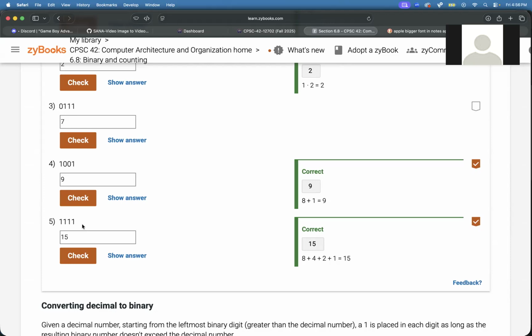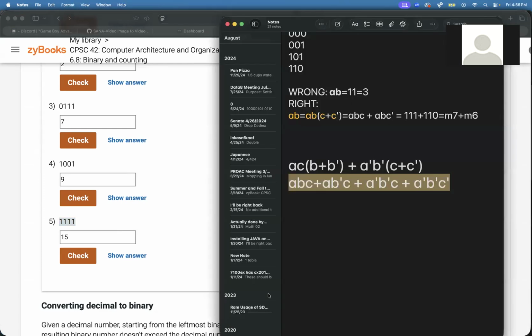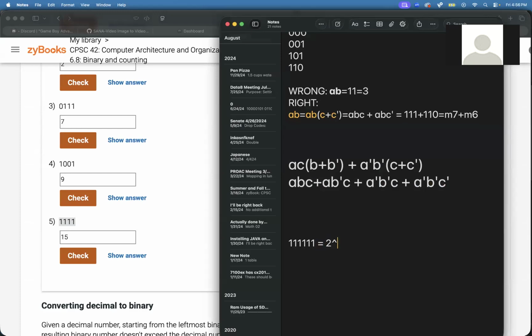The biggest number you can represent with 4 bits is 2 to the fourth minus 1. If you wanted to know what 111111 is, all you would do is count them and see that there's 6. So it'd be 2 to the 6th minus 1, and I guess the AI built into the Notes app knows that that's 63.